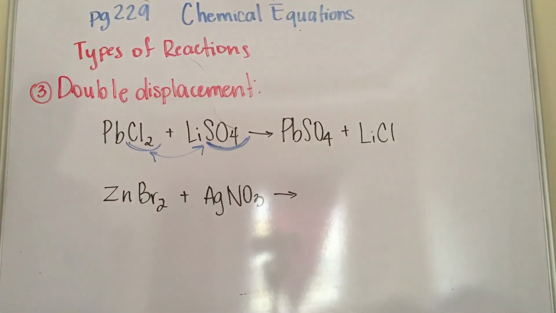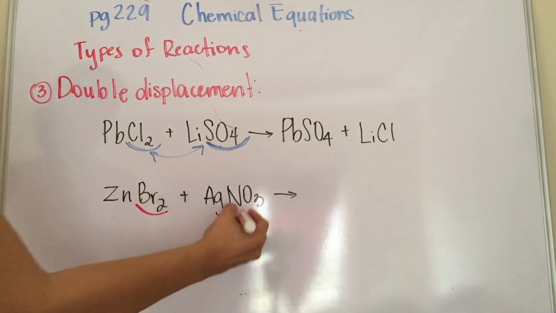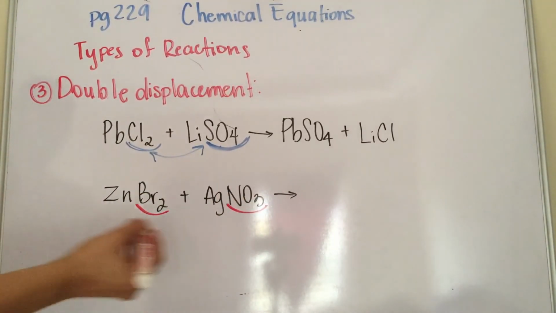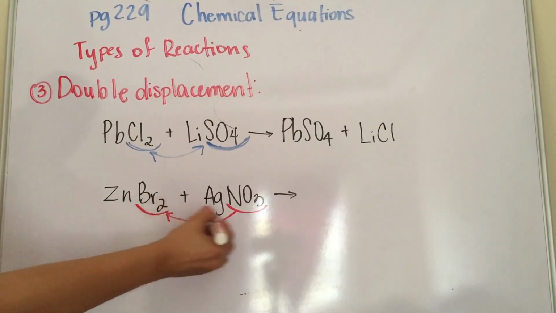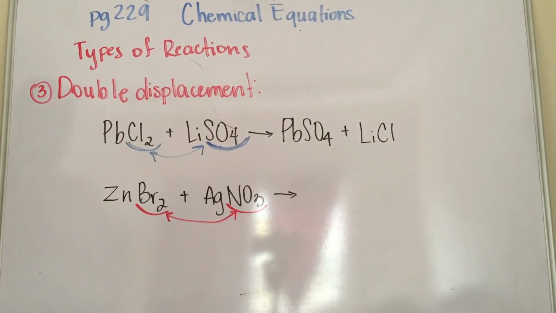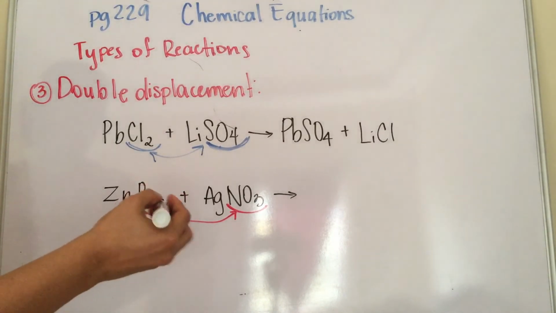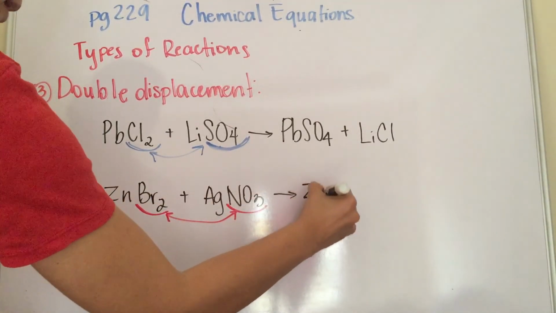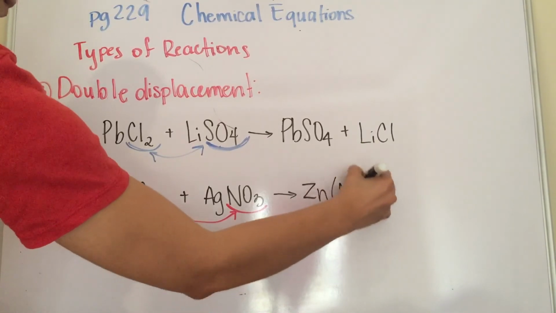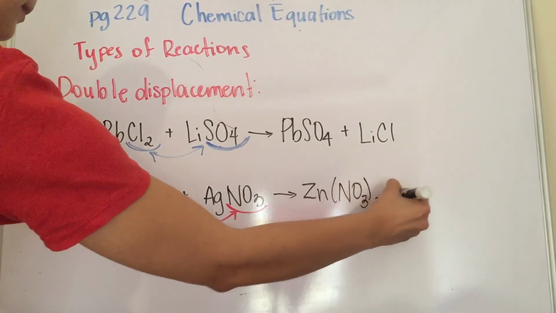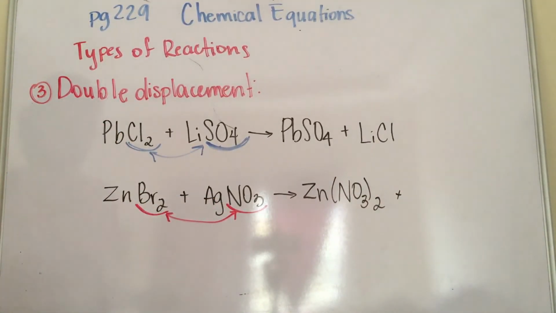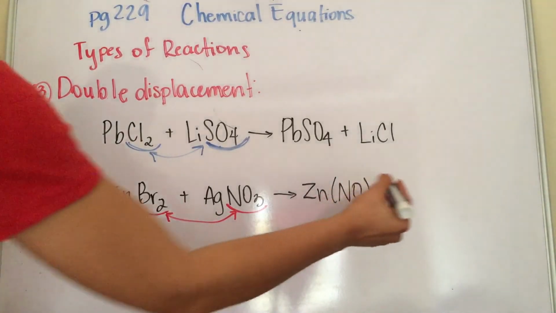We have zinc bromide and silver nitrate. Again, we have here our nonmetal, and here our polyatomic ion. So I'm going to exchange places of these two. Zinc is going to bond with nitrate, so we're going to have zinc nitrate plus silver bromide.